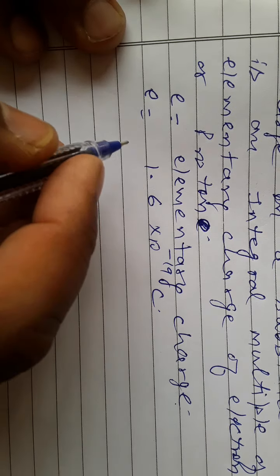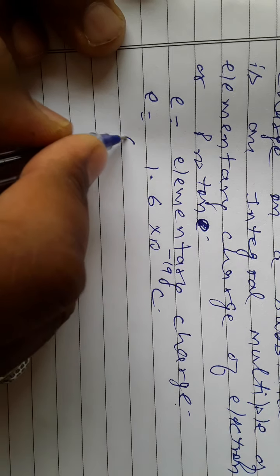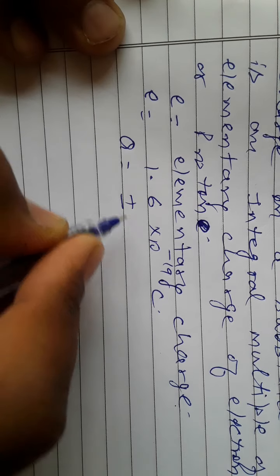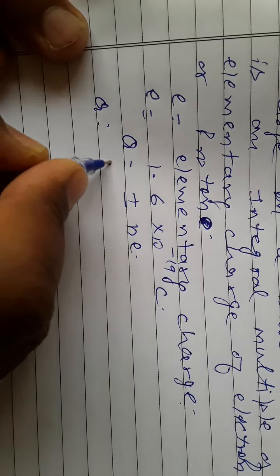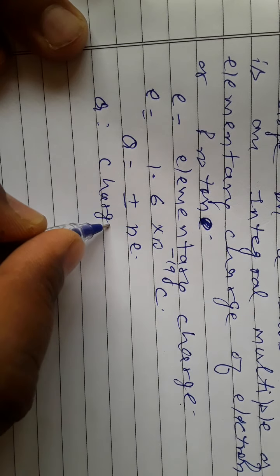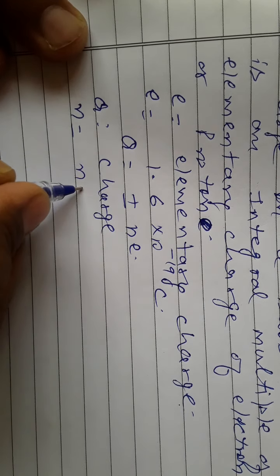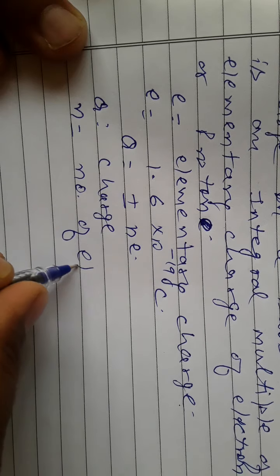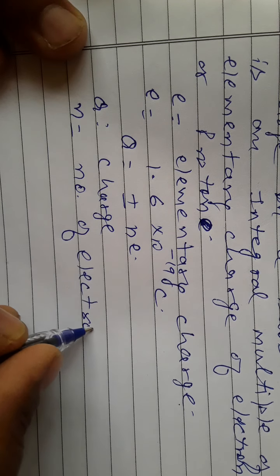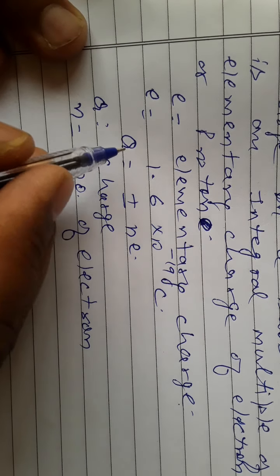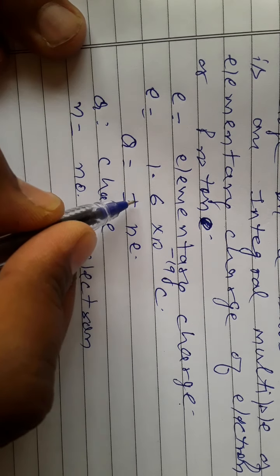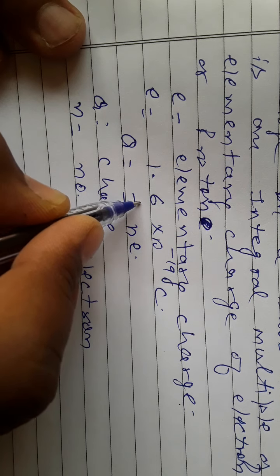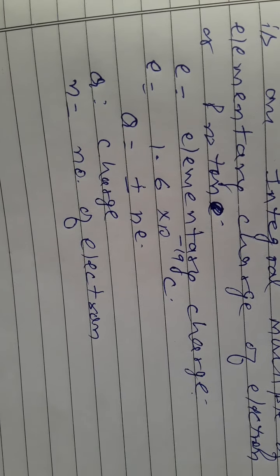So according to quantization of charge, we can write Q is equal to plus minus N into e, where capital Q is charge, N is number of electron, and we have written the value of small e is 1.6 into 10 power minus 19. Plus minus we have written because charge can be positive or charge can be negative.